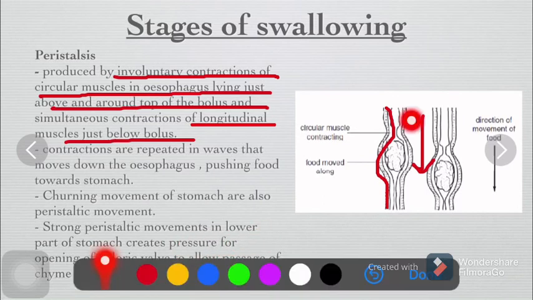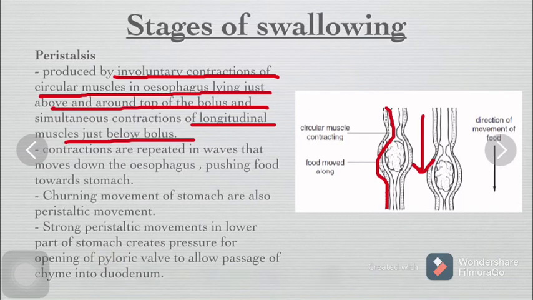So we know that once the bolus is passed from the oral cavity into the esophagus and then into the stomach, where it combines with different gastric juices, the bolus then becomes chyme. So a strong peristaltic movement in the lower part of the stomach creates a lot of pressure, which allows opening of the pyloric valve to pass the chyme into the duodenum from the stomach.